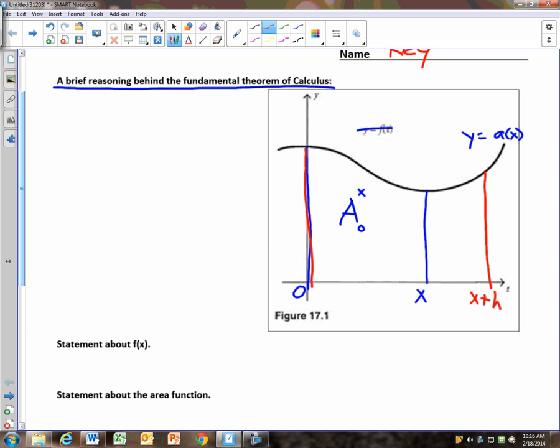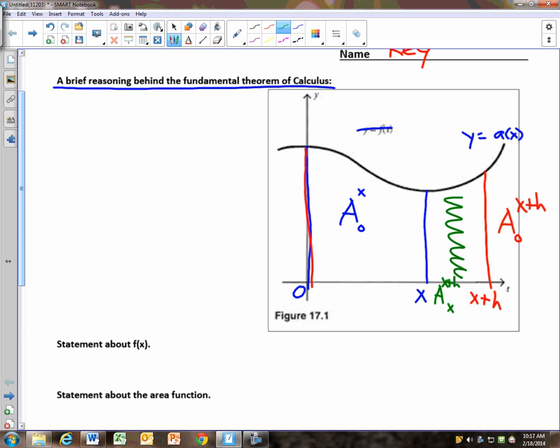And the red area is going to be called area from 0 to x plus h. Here's the question, everybody. This is the key to make it all work together. We have this green area in the middle. We will call it the area from x to x plus h.